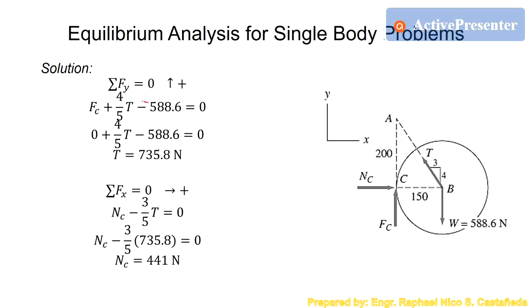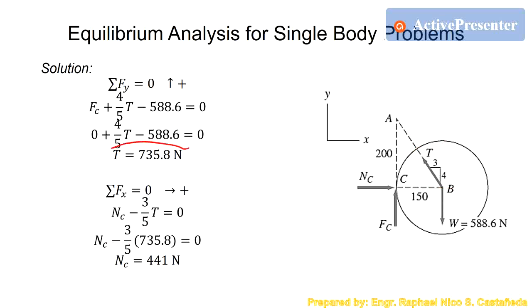So take note of the sign conventions. We have negative for the weight because it is downward in the positive y-axis. Then we have positive for 4/5 T because it is upward. Then since we already got T, we can now solve NC by summation forces X, going right positive. So we have positive for NC, it's going to the right, and negative 3/5 for T because it is going to the left.